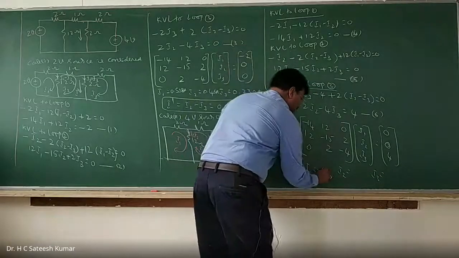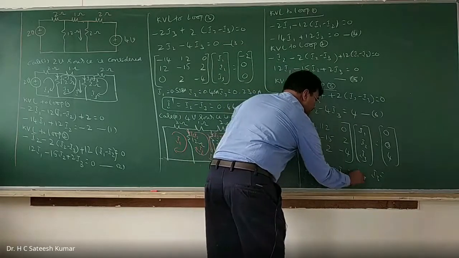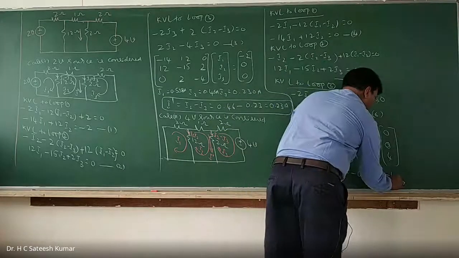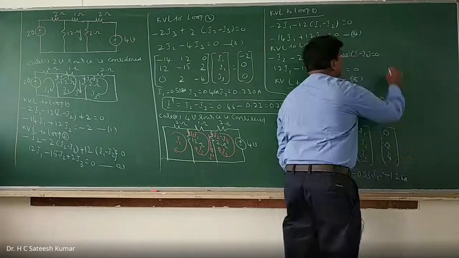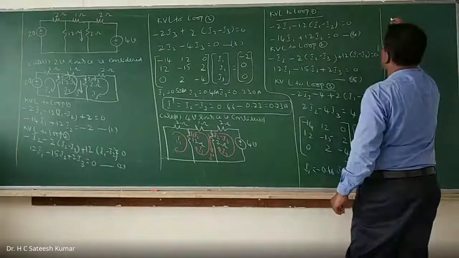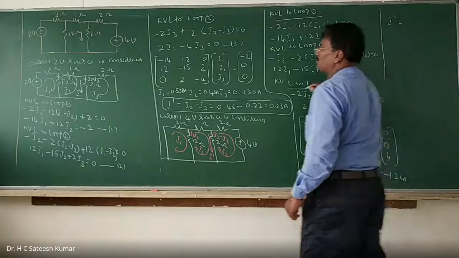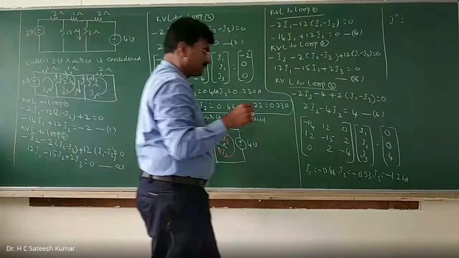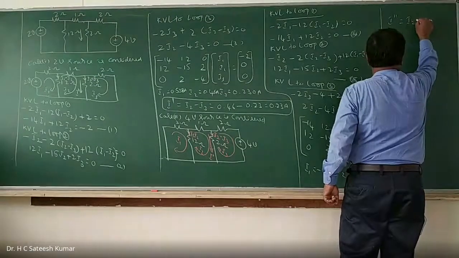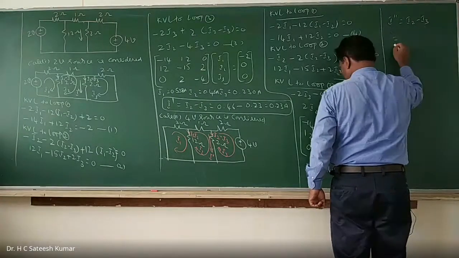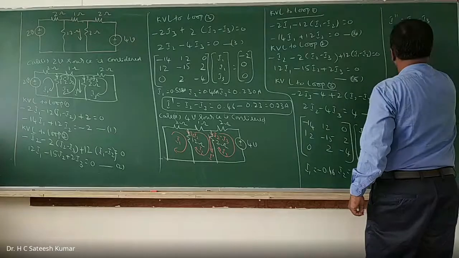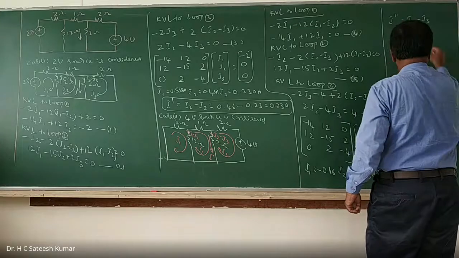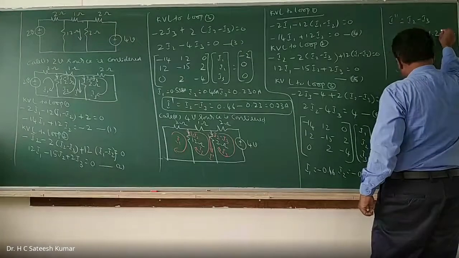Minus 0.46, minus 0.53, minus 1.26. Now, what is I double dash? I double dash is equal to I2 minus I3, which is equal to minus 0.53, minus I3, minus of minus is plus 1.26 amps.